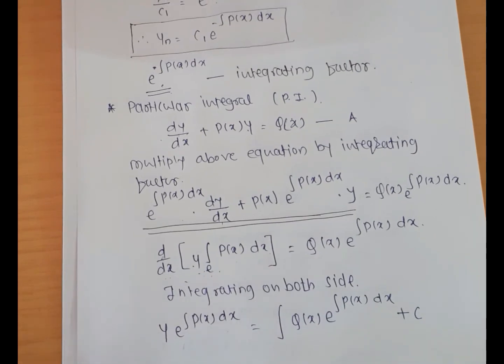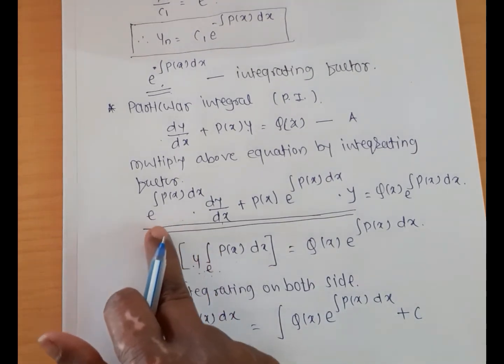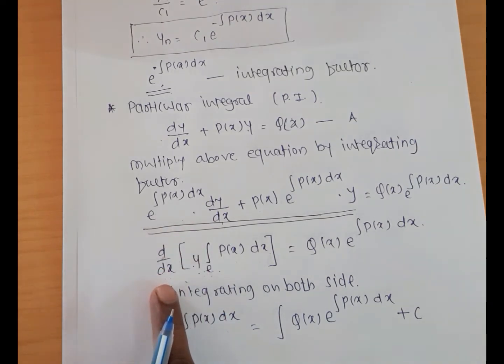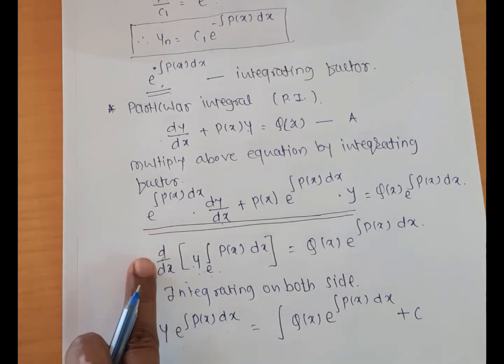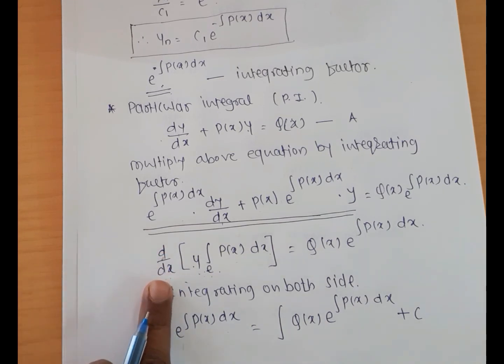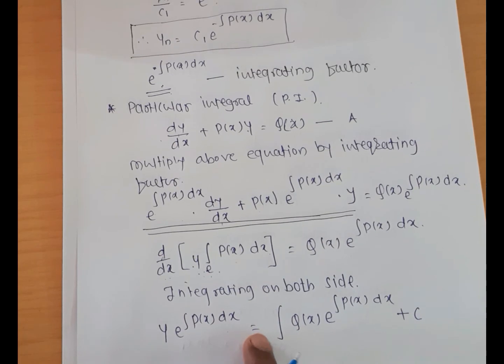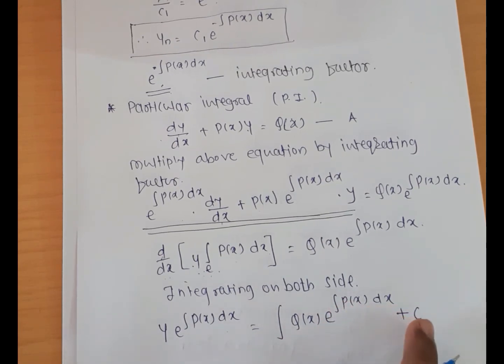Now here I do not write the integration sign, because if you take the integration of this term, the integration and derivative are cancelled since they are exactly opposite. So if you take the integration, the integral symbol and this d by dx cancel out. So we write directly y times e raised to integral of p of x dx is equal to integral of q of x e raised to integral of p of x dx plus c. Okay.